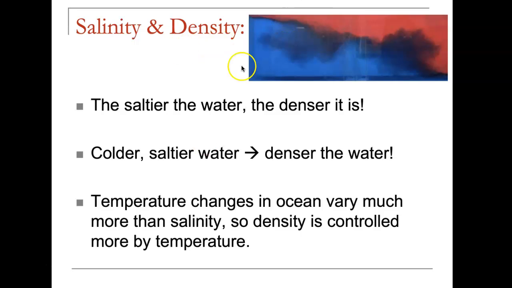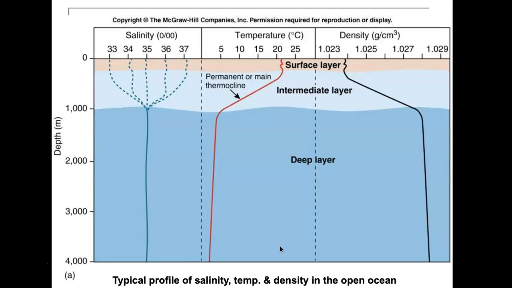I do this little demonstration for you so you can see this cold, salty water will sit on the bottom and the warmer, fresh water will sit on top. Temperature changes in the ocean vary much more than salinity does, and because of that, density is controlled more by temperature than by salinity.